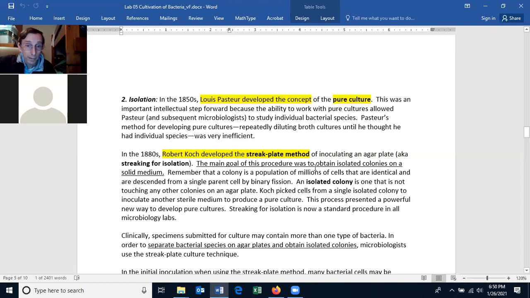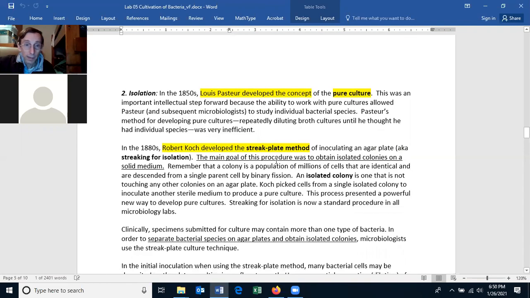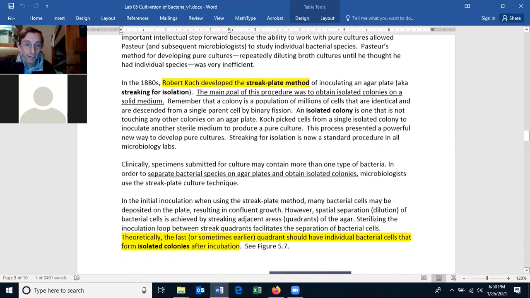And Robert Koch developed the colony streak plate method, which was a much easier way to develop a pure culture. And we'll talk about this a little bit more. Streaking for colony isolation. You'll do that in this lab.